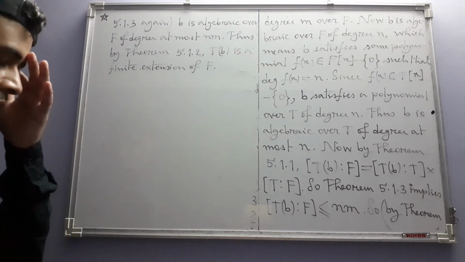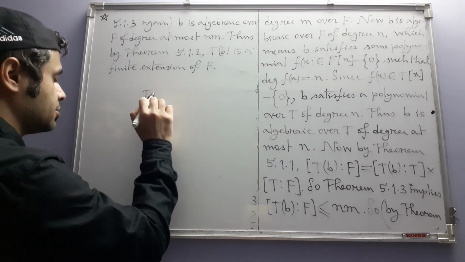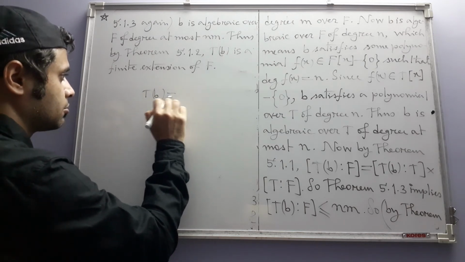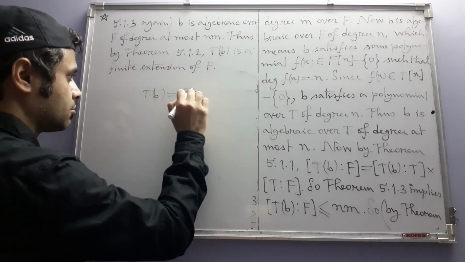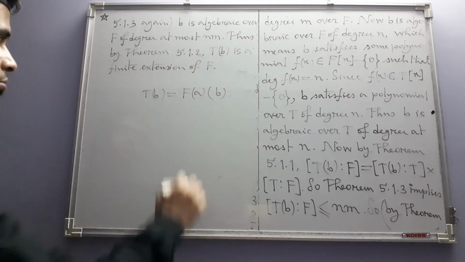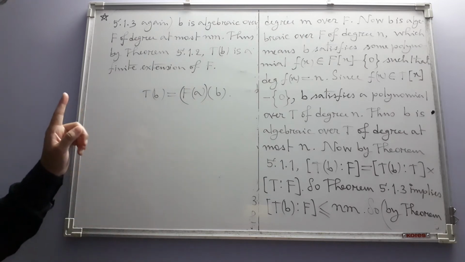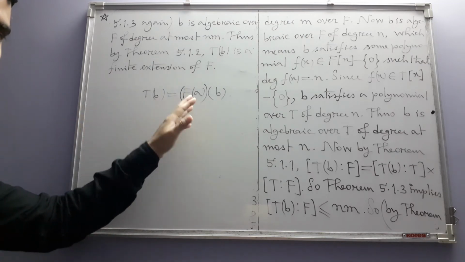Now think of TB. TB is actually equal to this. T is FA, and we know what FA is.